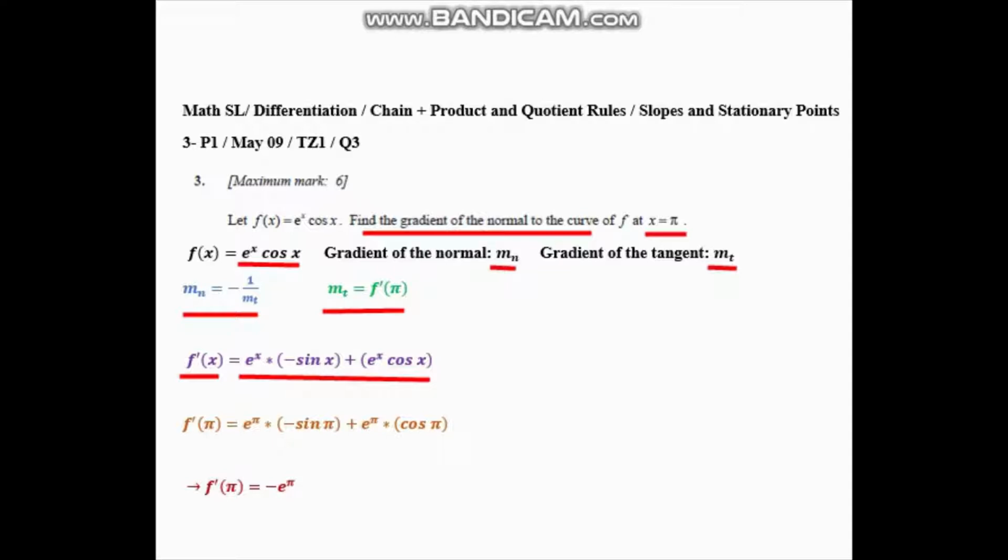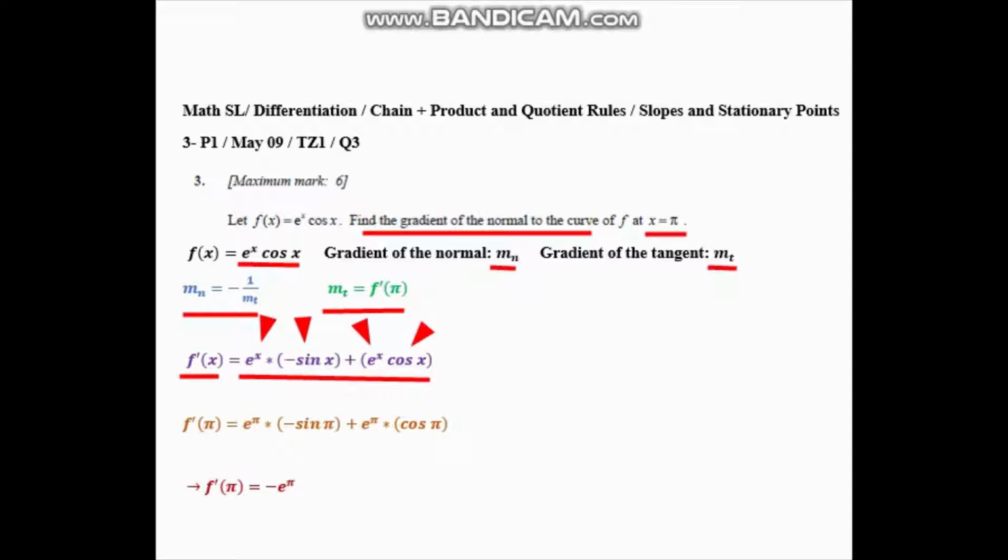In the first component, I kept the u and I differentiated the v, so this is u v dash. In the second component, I kept the v and I differentiated the u, so this is v u dash. So this is uv dash plus vu dash.